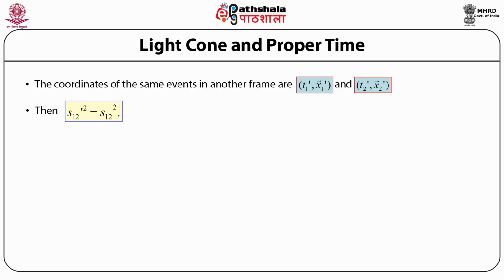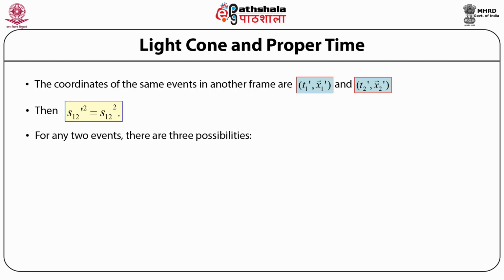Then the invariant interval between these two events in the new frame is s12 prime squared, and since it's invariant under any transformation, s12 prime squared is equal to s12 squared.